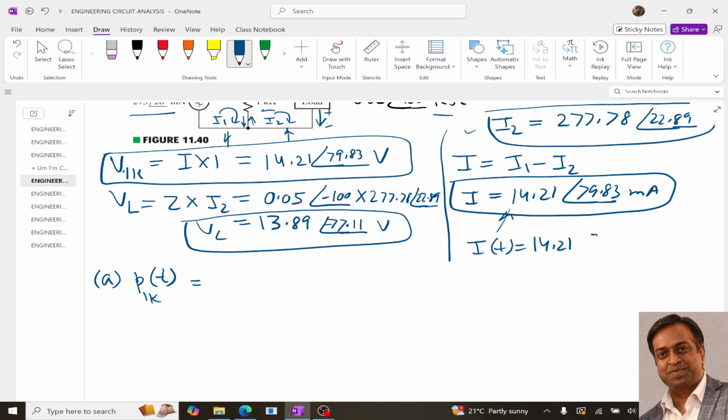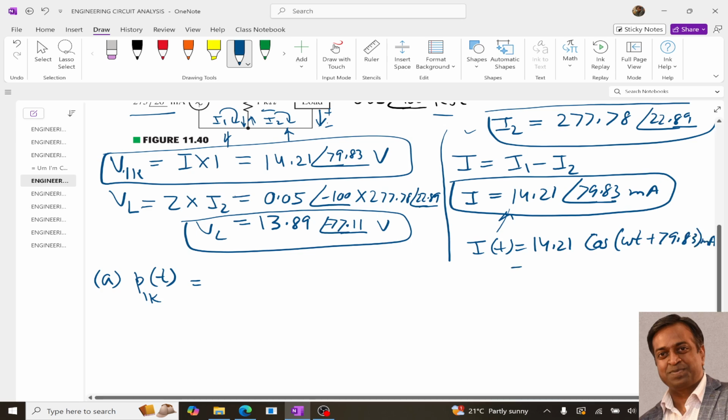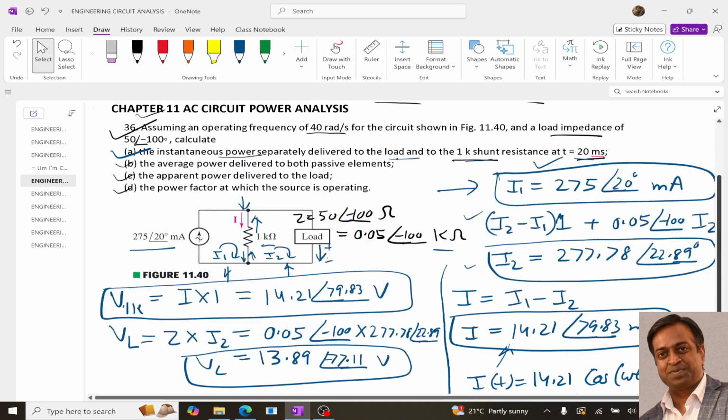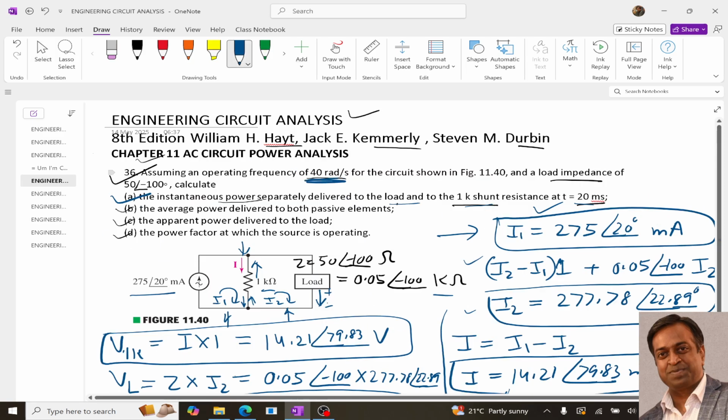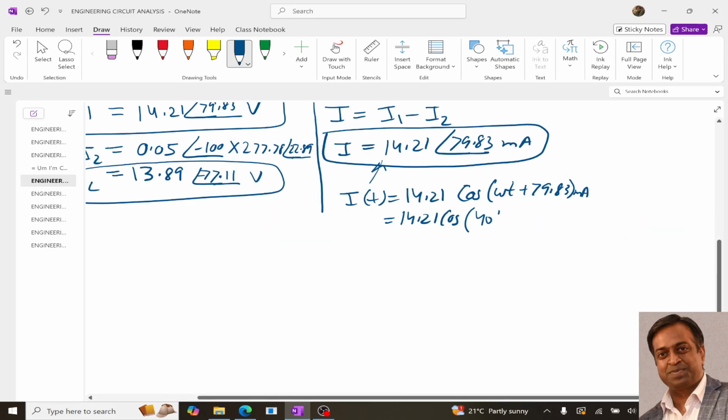14.21 cos(omega t plus 79.83) milliampere. Omega is given in the question as 40, so it is 14.21 cos(40t plus 79.83) milliampere.